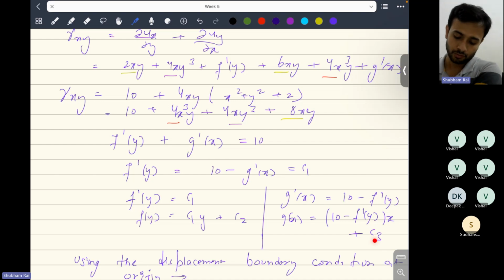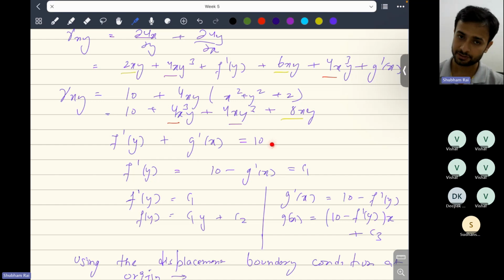And you should know the value of f prime y and g prime x also, in order to get f of y and g of x. So basically you have four unknowns, and you have four equations also.